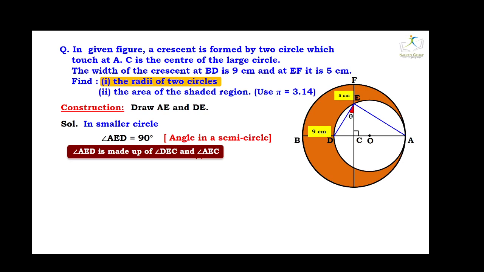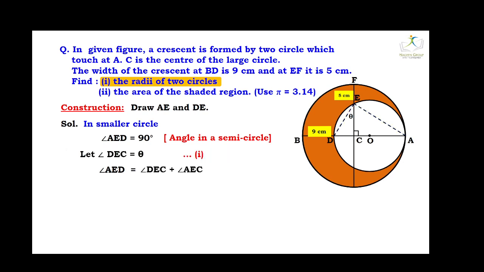The sum of these two angles is 90 degree, so each one is complementary. If you want angle AEC, you have to put 90 minus theta. This is your result, AEC.